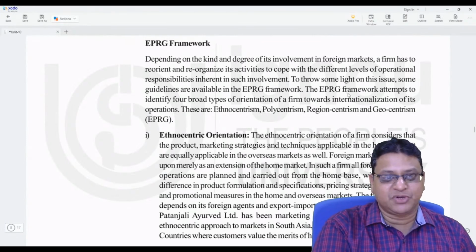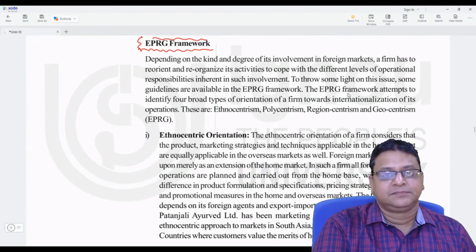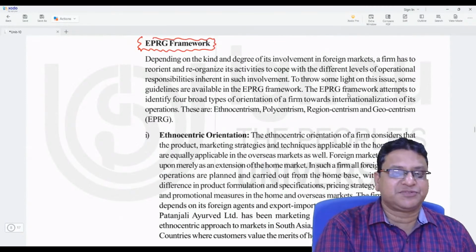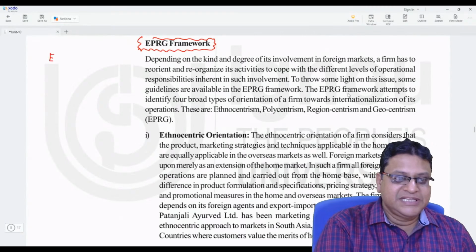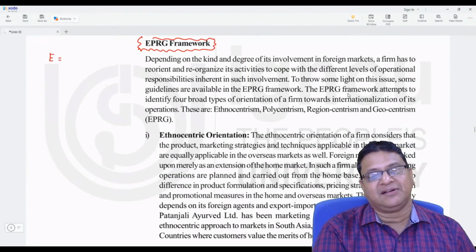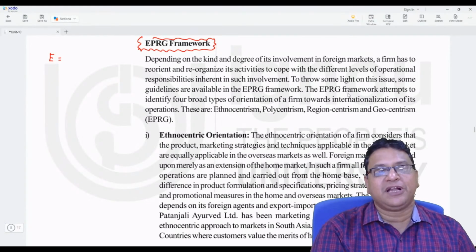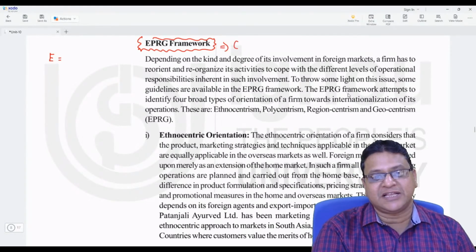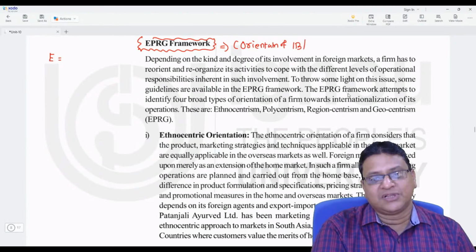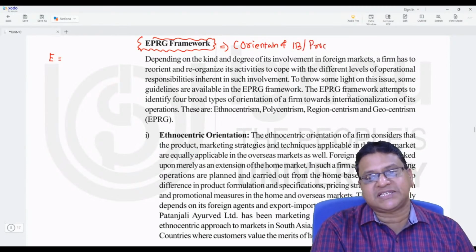What is the EPRG model? These are different orientations for doing international business, or these are different processes of internationalization of business.